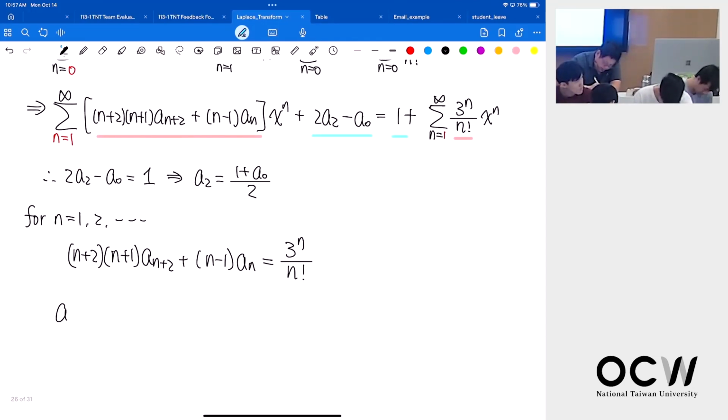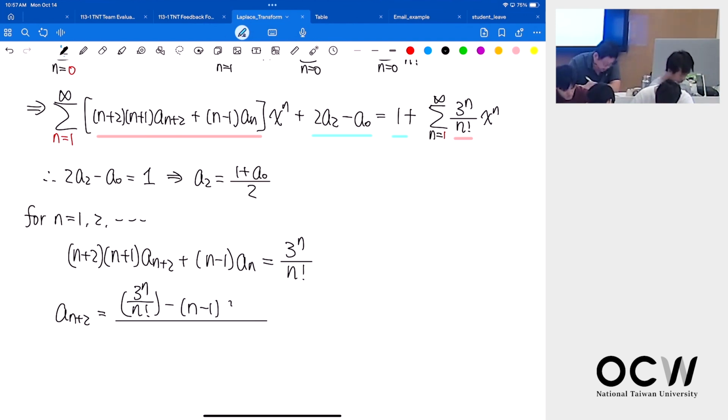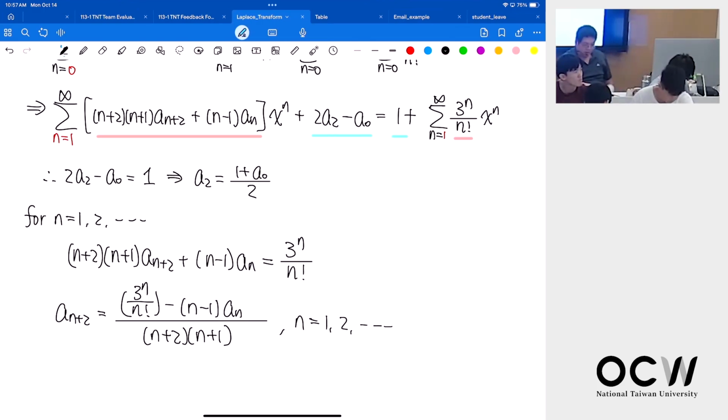So you get your a_(n plus 2): that's 3 to the n divided by n factorial minus n minus 1 times a_n, and the denominator is n plus 2 times n plus 1. Again, this n is from 1 to infinity.